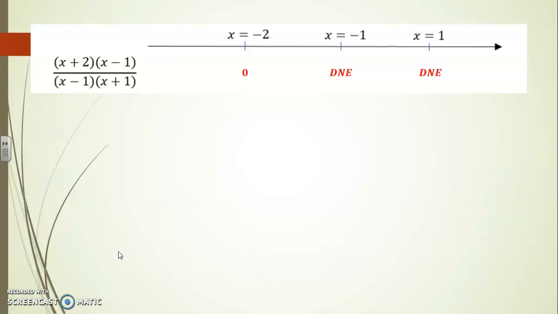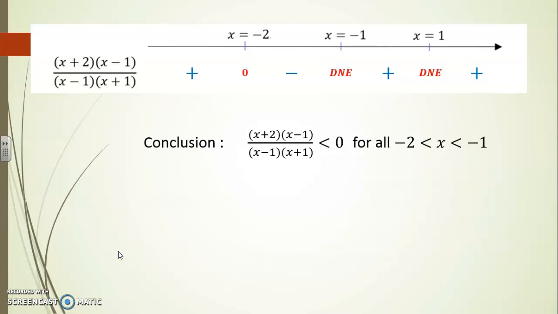As we did before, we could test for signs. So notice how there are 4 intervals surrounding the 3 zeros and DNEs that we have identified. And testing for signs would reveal that we have a positive outcome left of -2, between -1 and 1, and to the right of 1.